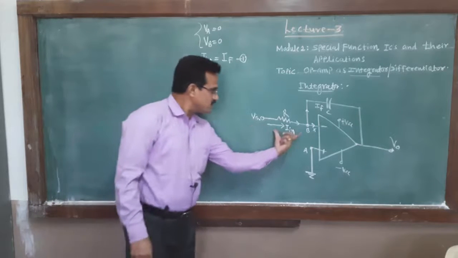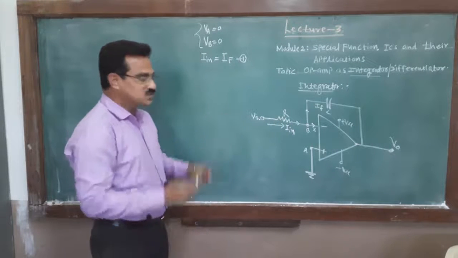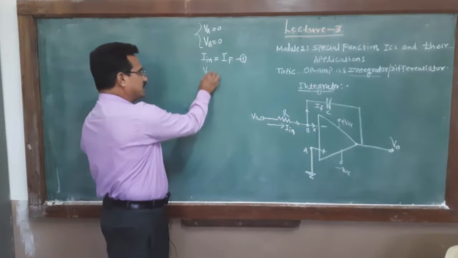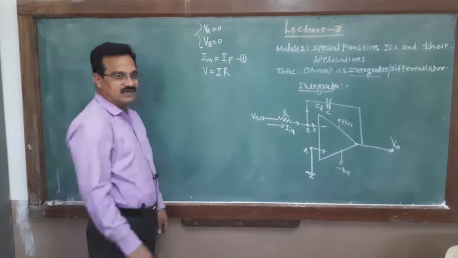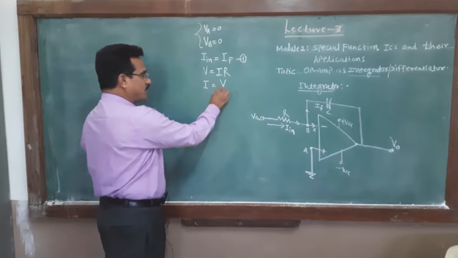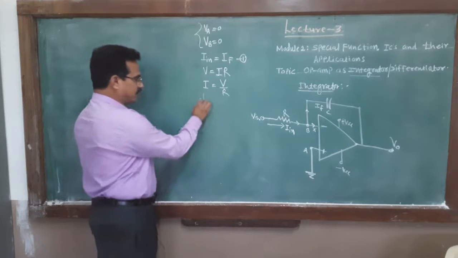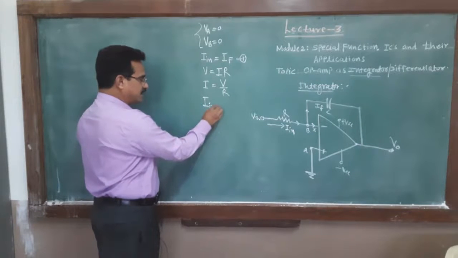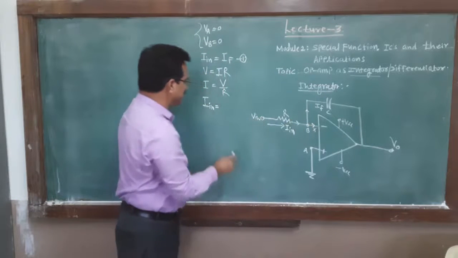Again you remember, what is the voltage drop across this resistance R? For finding this voltage drop, we use the relation V is equal to IR. Then what is the value of I? I is equal to V upon R. Here I is the input current, and V is the potential difference of these two points.